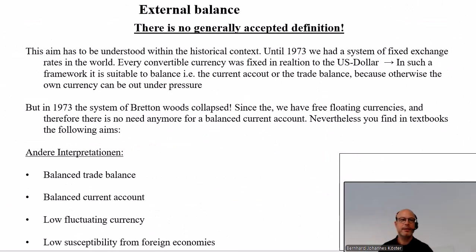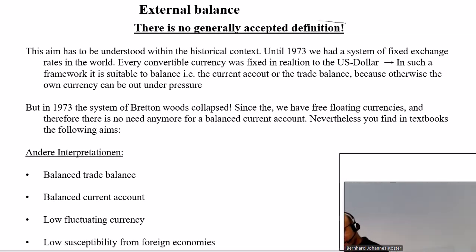The reason is that for the other three aims, we always found a quantitative aggregate. We said economic growth roughly between 1 and 3%, inflation roughly 2%, and unemployment, full employment, maybe for Germany 3 to 4%, or for developed countries.